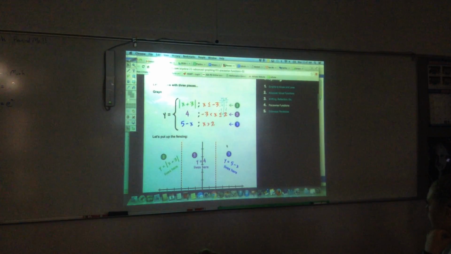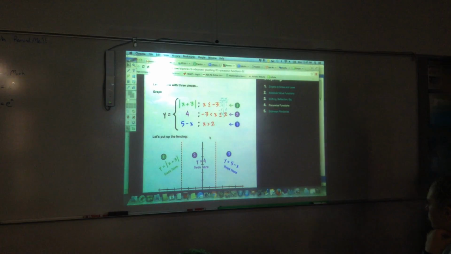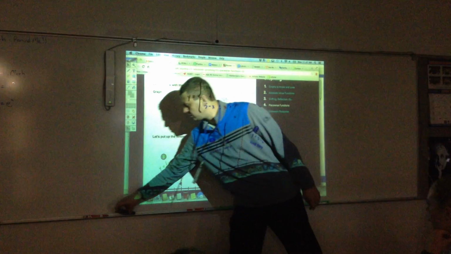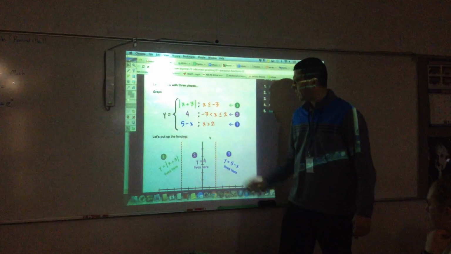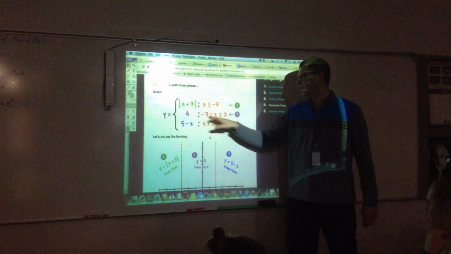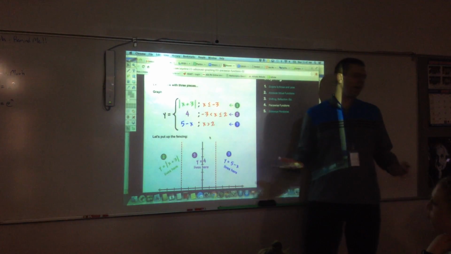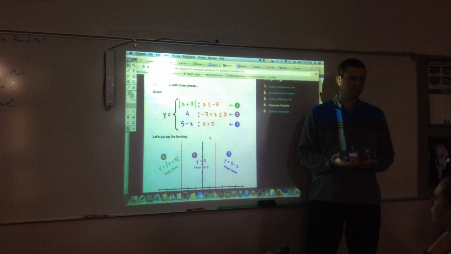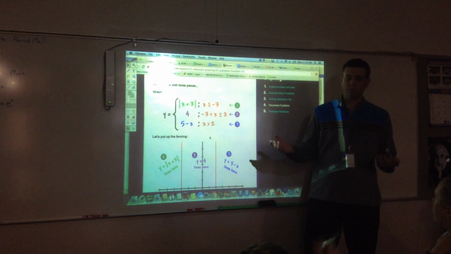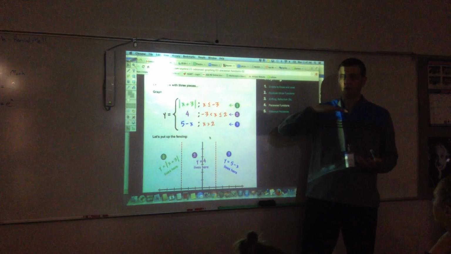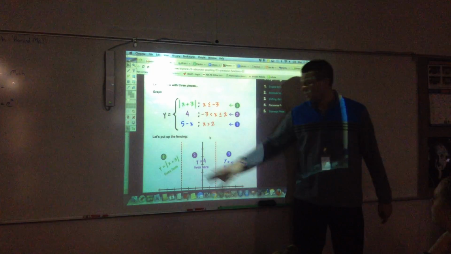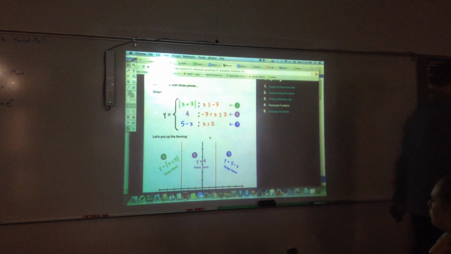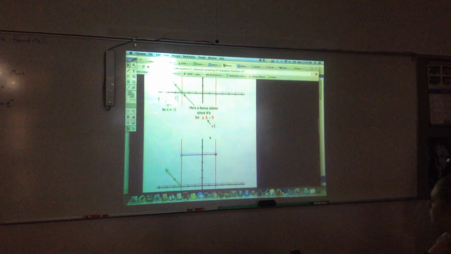The next one says y is equal to 4 for these x values. Well, what does the graph of y equals 4 look like? Just a horizontal line at 4, right?